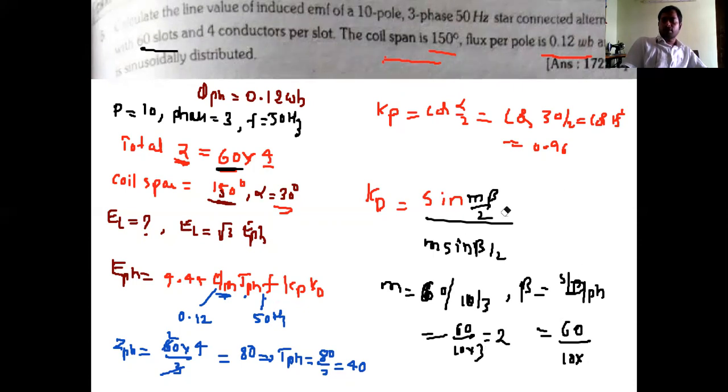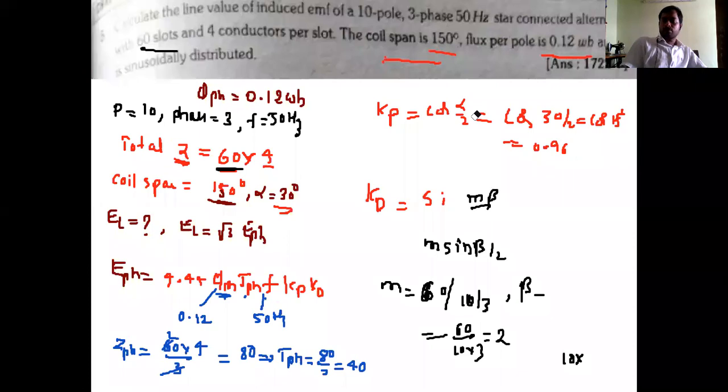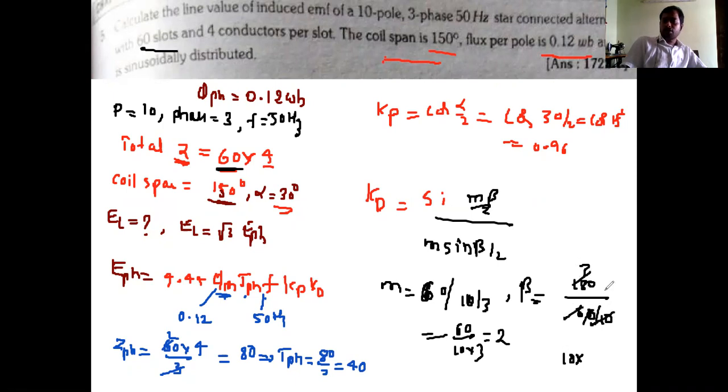Due to an oversight, I made a mistake. Beta is equal to 180 by slots per pole. Slots are 60, poles are 10. 60 by 10, the zeros cancel, 6 ones are 6. Nothing but beta is 30 degrees.